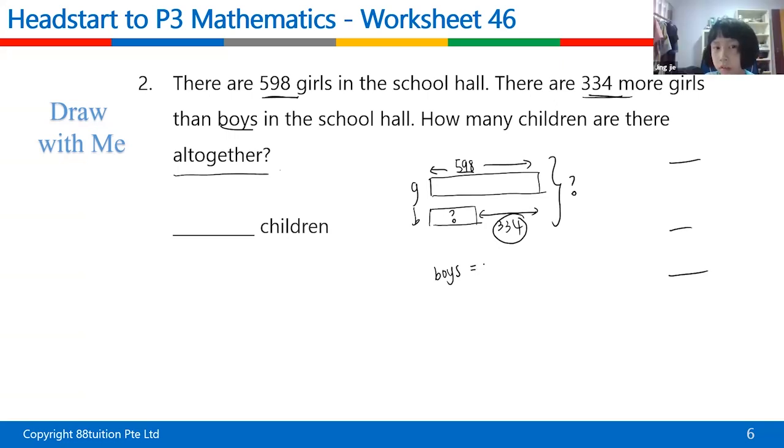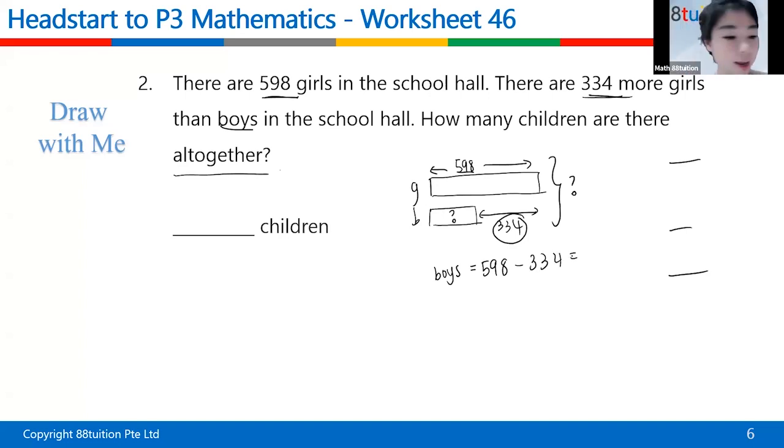So what numbers do you use? 598 minus 334. Very good. What's your answer for that? I saw that you already did the workings. Okay, can you do that for me? 598 minus 334. What's your answer?